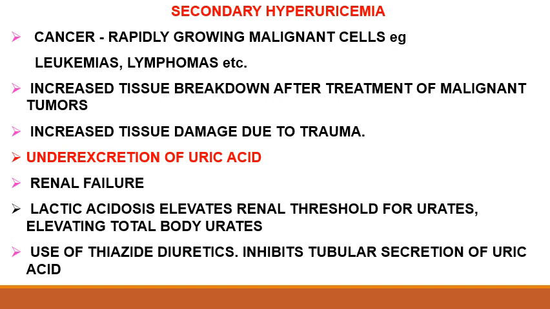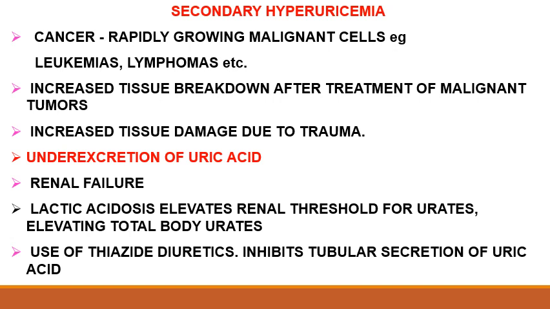So secondary hyperuricemia could be either due to cancer, where we have rapidly growing malignant cells, and this is particularly seen in cancers like leukemias and lymphomas. It is also seen when there is increased tissue breakdown, particularly after chemotherapy, or increased tissue damage due to trauma.